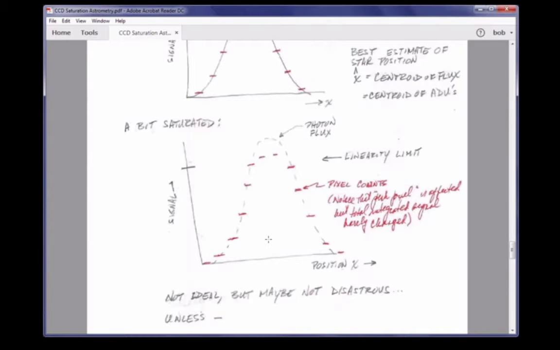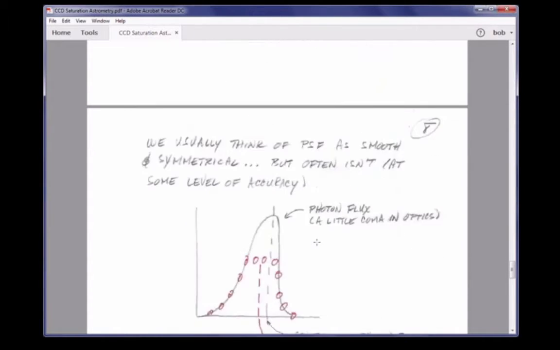And if we look at that image that's a little bit saturated, there might be a little effect, but probably not much, as long as the underlying photon flux is a nice circularly symmetric point spread function. So a little bit of saturation under those conditions is probably not disastrous.